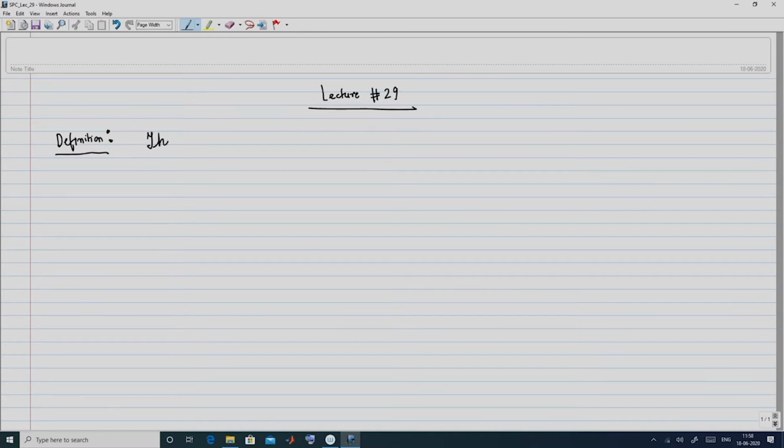So, the yield to maturity is an interest rate denoted by R star such that the bond price at time 0 is given by the sum over t equal to 1 to capital T of C of t into (1 plus R star) raised to minus t.